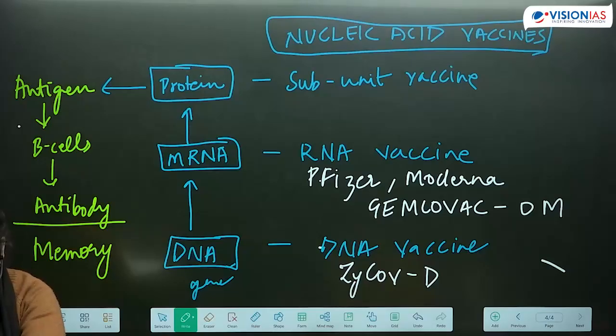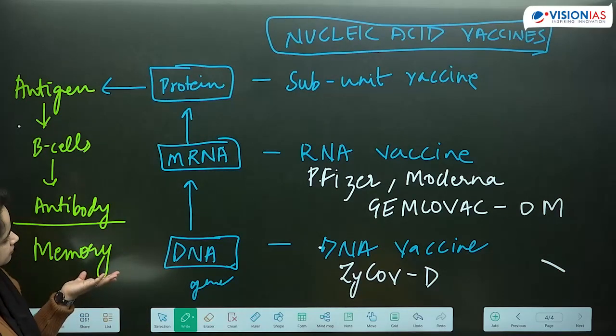Okay. Please write RNA vaccine. It is introduction of the mRNA sequence coding for the disease-specific antigen.